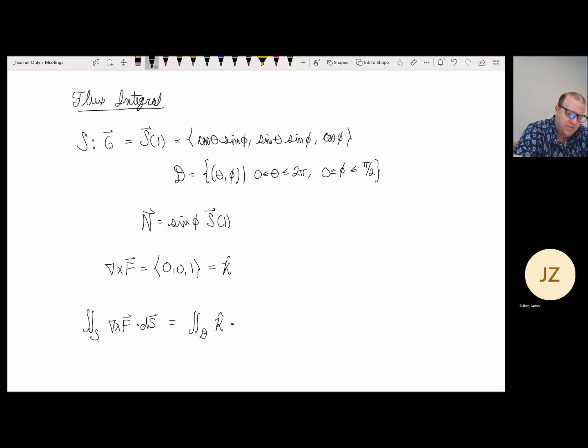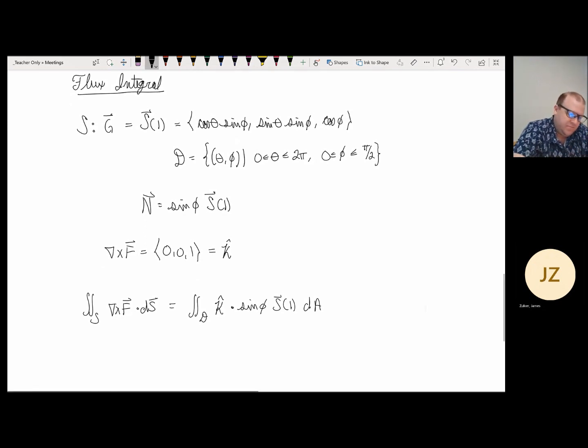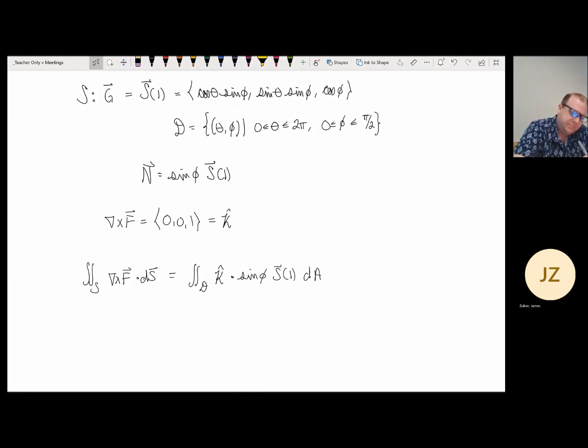Dotted with sine of phi times S1 dA. Integral from 0 to 2 pi, integral 0 to pi over 2.